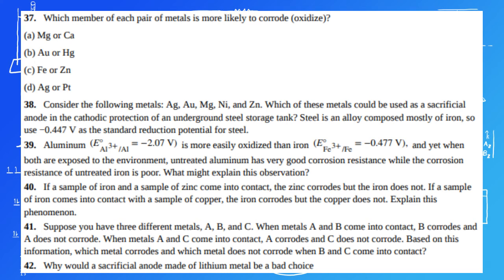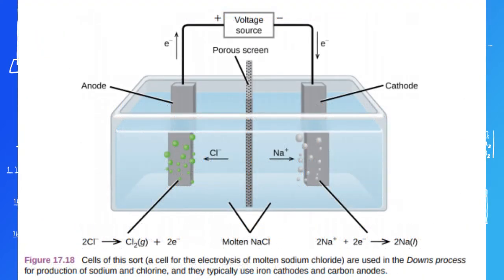So let's see here. Here we go. Imagine you have the following setup. Instead of using two electrodes with two different metals dipped in solutions of those metal ions to generate electricity, instead you supply electricity and feed it into the solution.